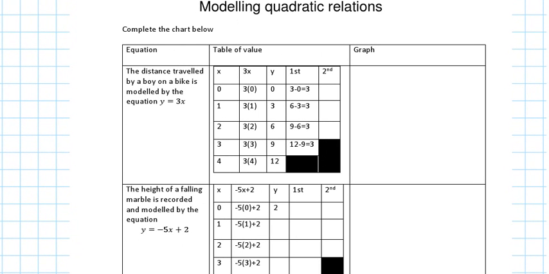We have the equation that the distance traveled by a boy on a bike is modeled by the equation y equals 3x. Looking at the equation y equals 3x, can you tell me if it's linear or quadratic? It's linear, right? Why do we know it's linear? Because the exponent is 1.